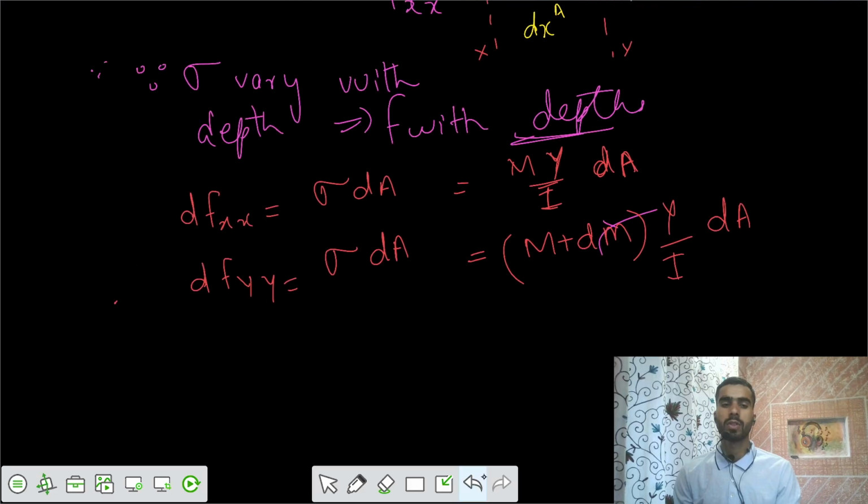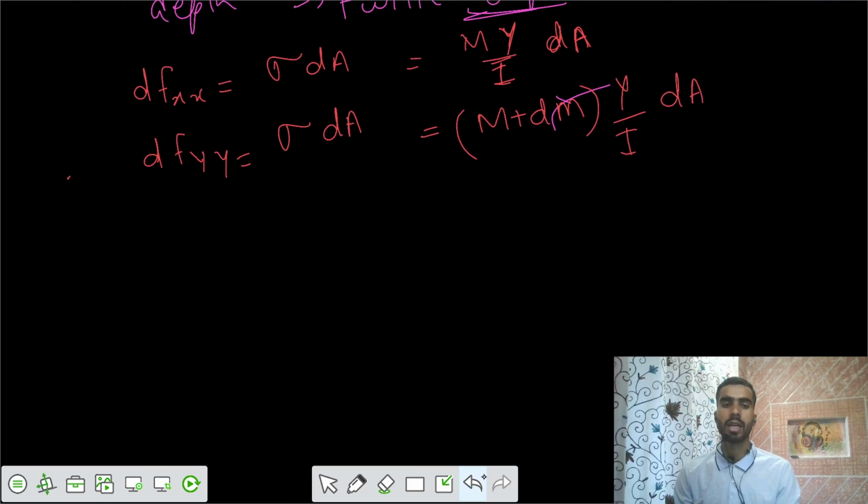Now what is the total force in that XX cross section? The total force would be the integral of dFXX. That gives the total force in the XX direction, or the total force acting on cross section XX.